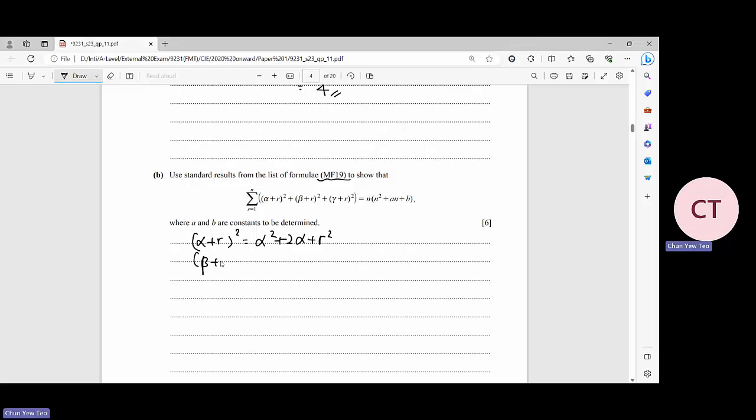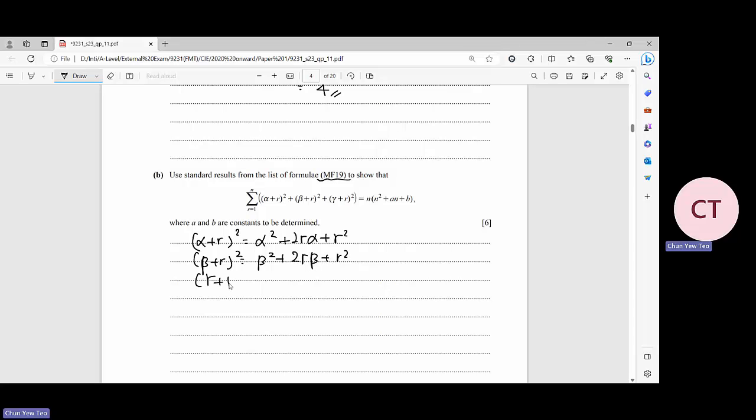Then beta plus r squared is beta square plus 2r beta plus r square.